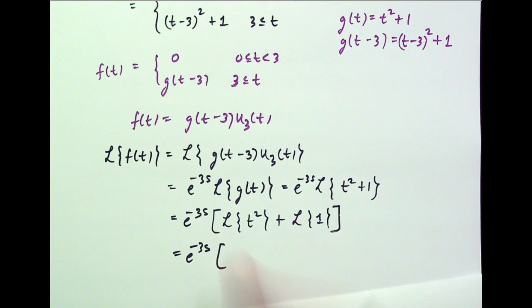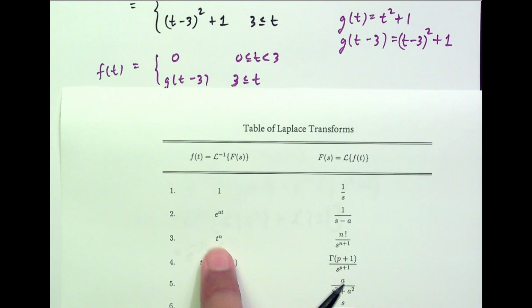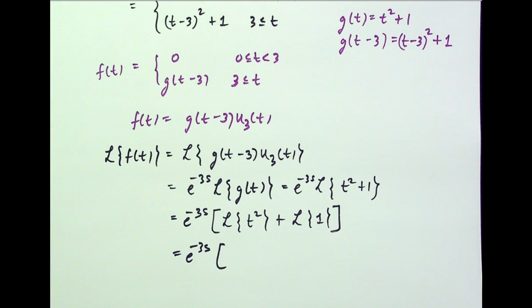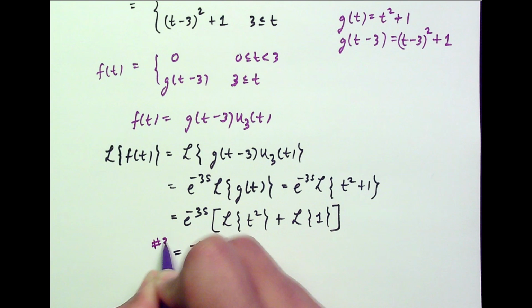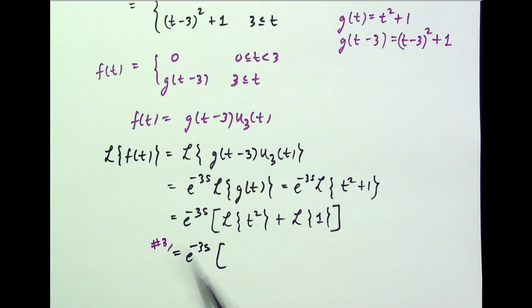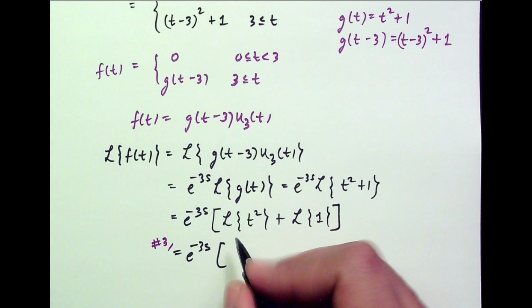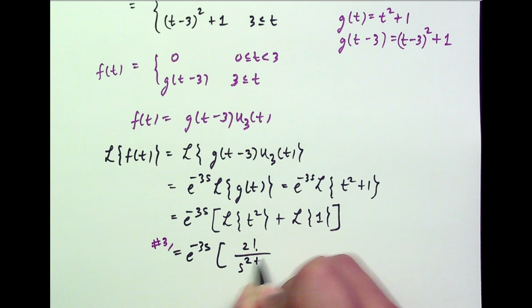The Laplace transform of t squared is 2 factorial over s to the 2 plus 1.